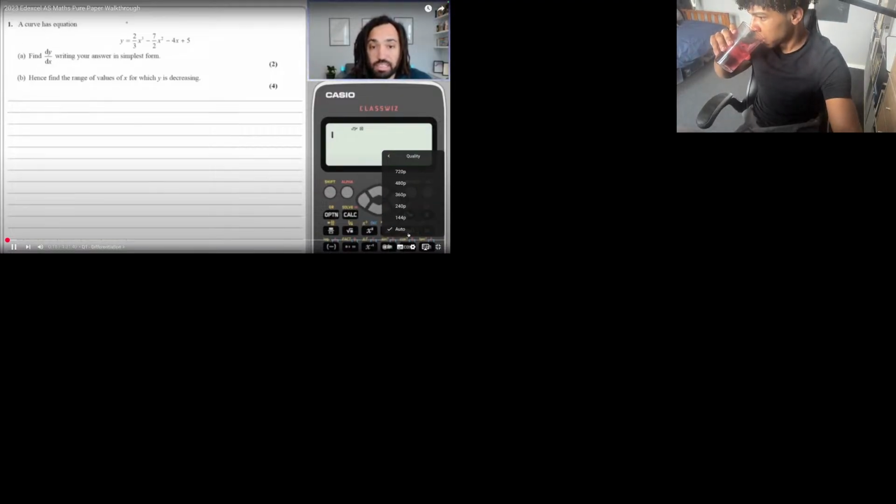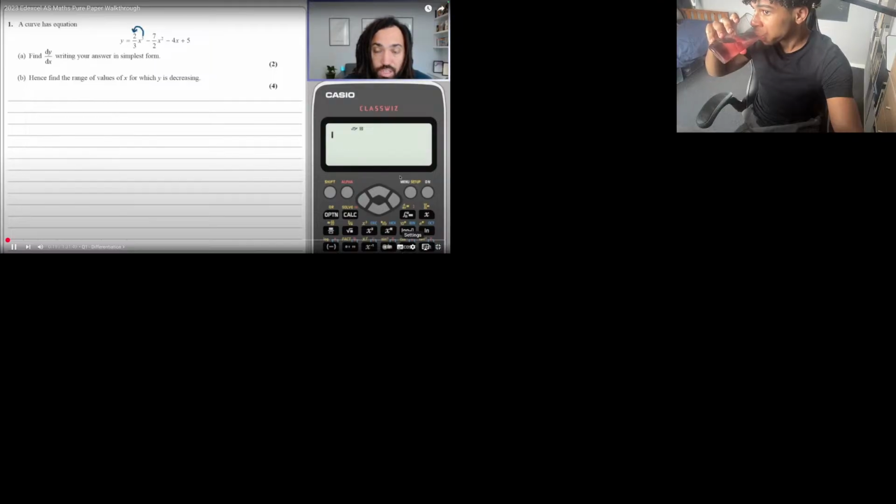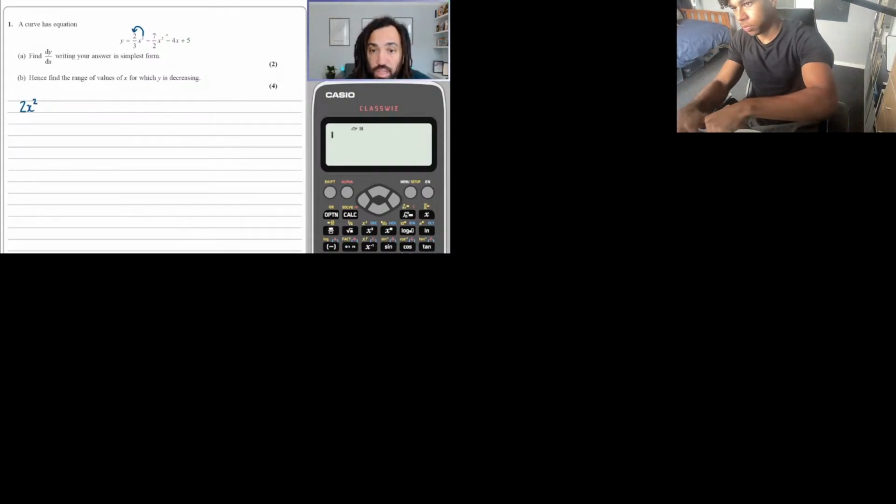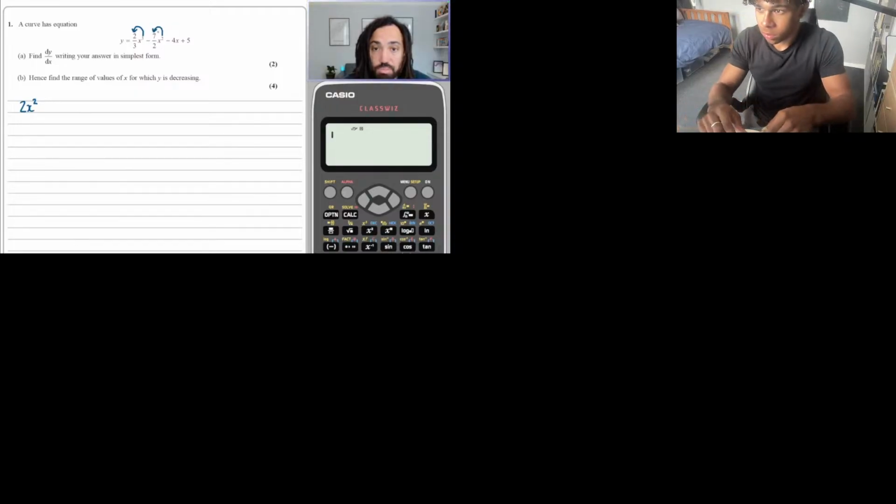Write dy by dx in the simplest form. So we take the power, 3, and we multiply it by the coefficient. So 3 times 2/3 is 2, and then we drop the power down by 1. We take the power, multiply it by the coefficient, which gives me -7, and drop the power down by 1.